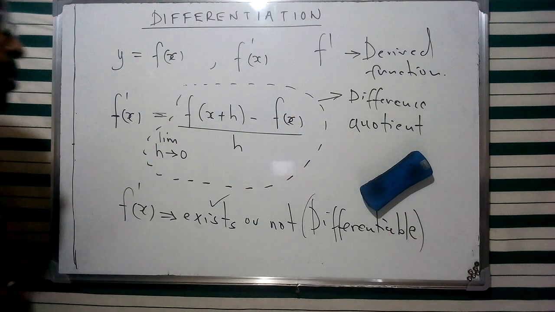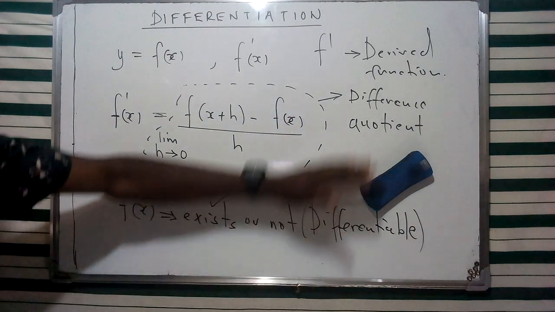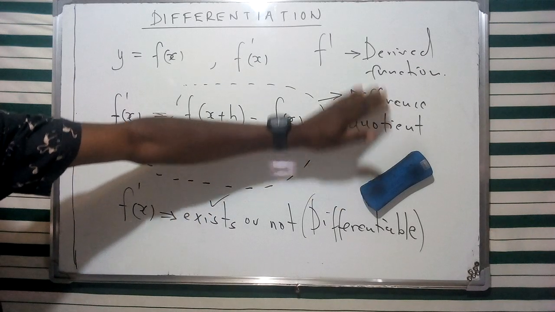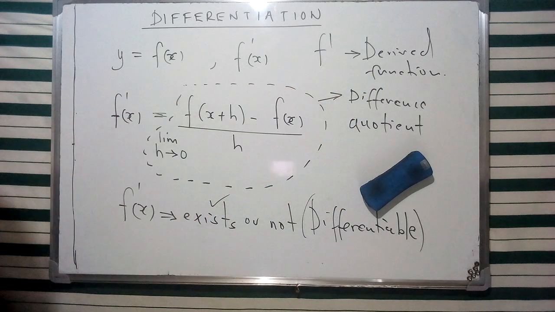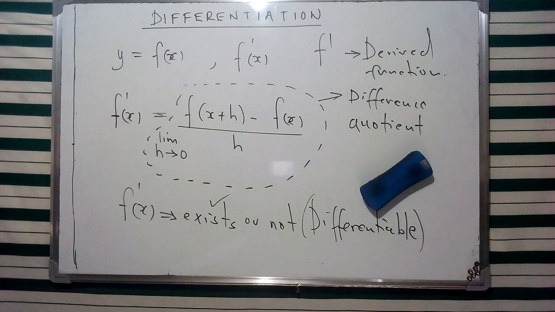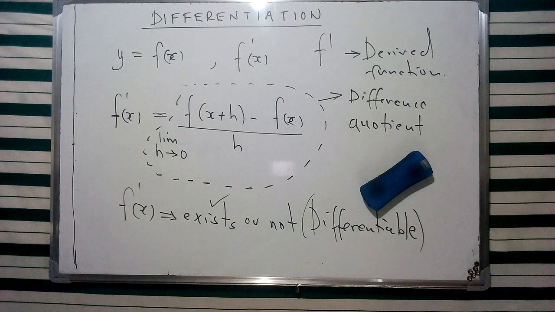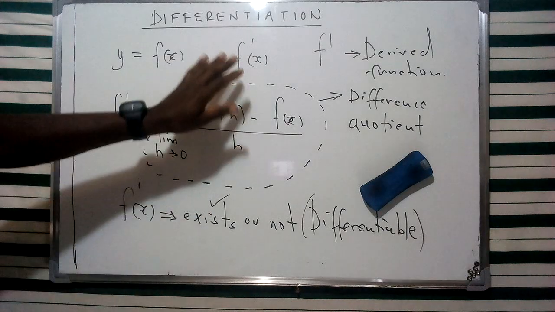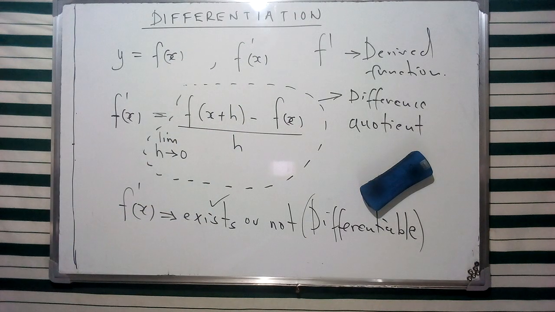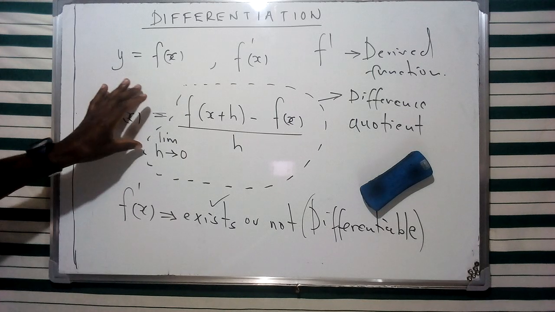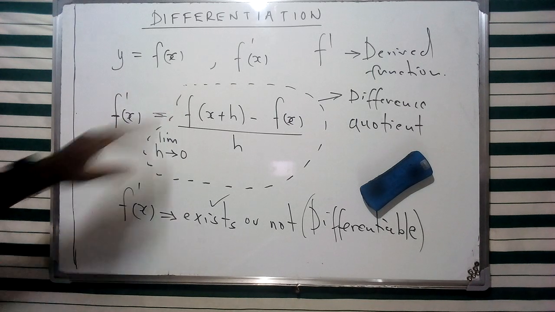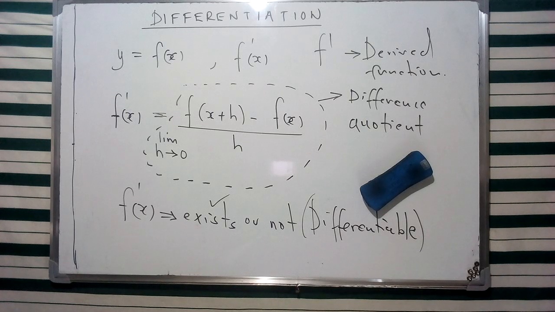Therefore, the terms I've mentioned so far are differentiable, difference quotient, and, if a function f of x is differentiable, f prime is the derived function of f of x. This can also be defined in terms of the domain of that function, considering f and f prime respectively.